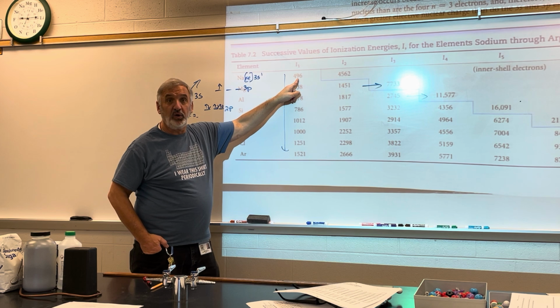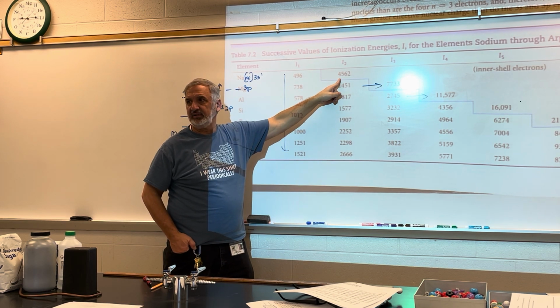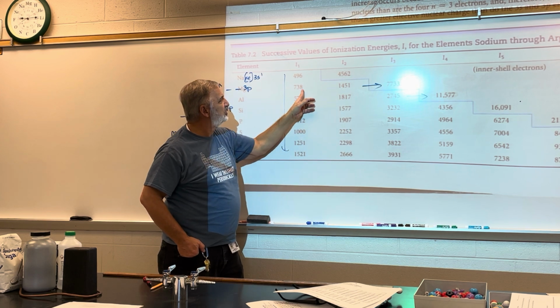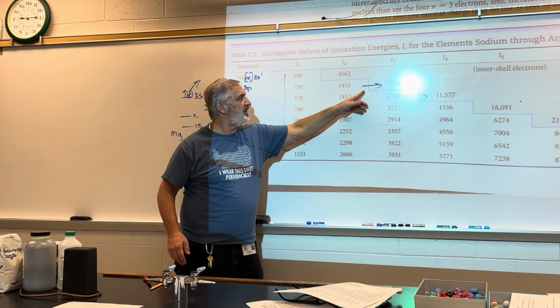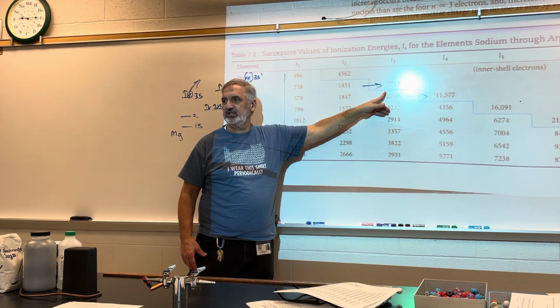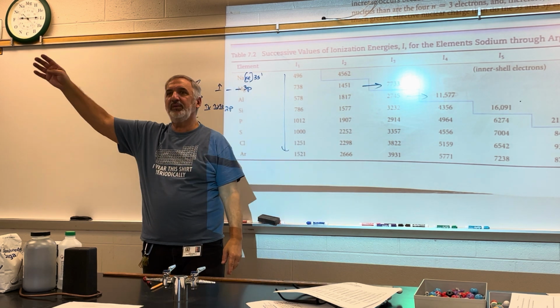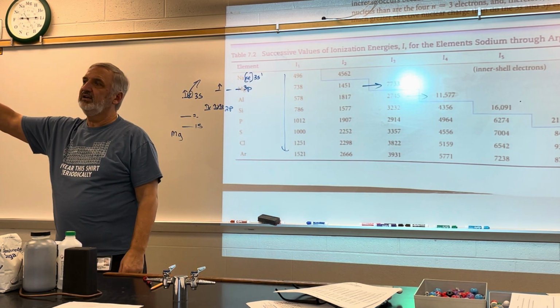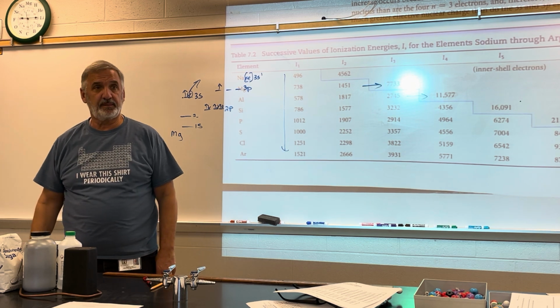Sodium forms a +1 because it loses 1 easily, but it's not going to lose the second one. Magnesium can lose 2 relatively easily, losing that valence shell, but then once it has that noble gas configuration, it's not going to want to, it takes way too much energy to lose the third one. It's not going to do it. So that tells us why we have those oxidation states for those metals. The ionization energy gives us all of that.